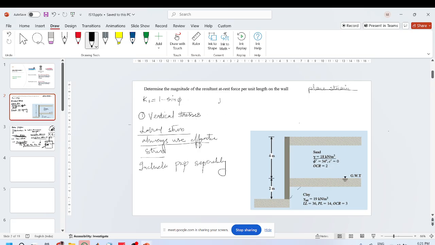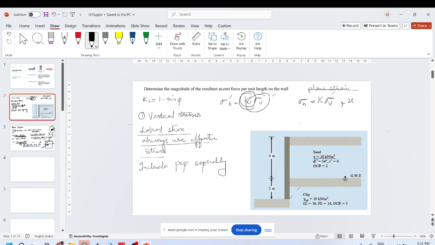Because what we do is we say that sigma h is equivalent to K times sigma V. This has to be the effective stress. You are not to use this multiplication of K on the pore water pressure, and that is why sigma h total will be K sigma V dash plus U.